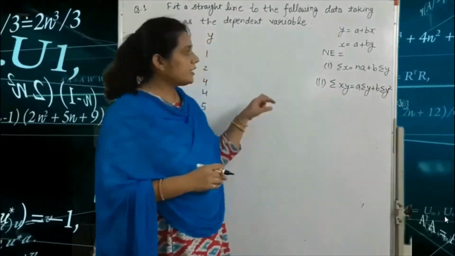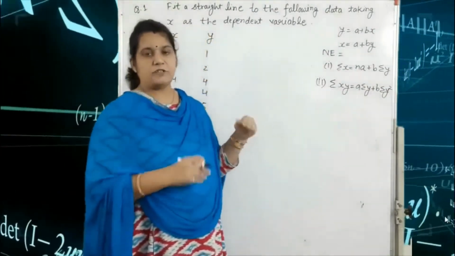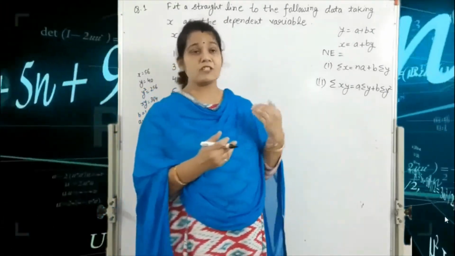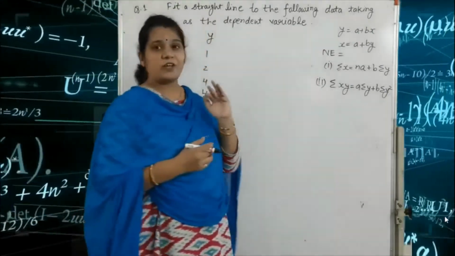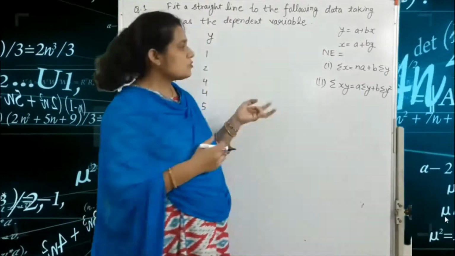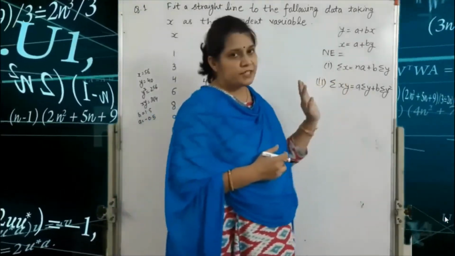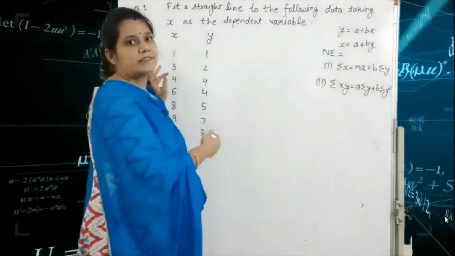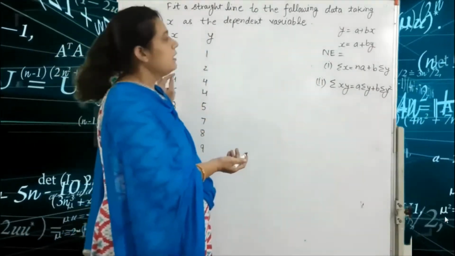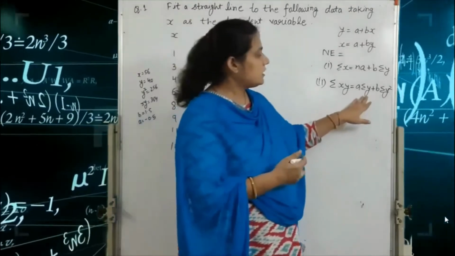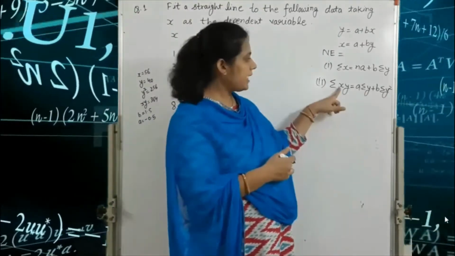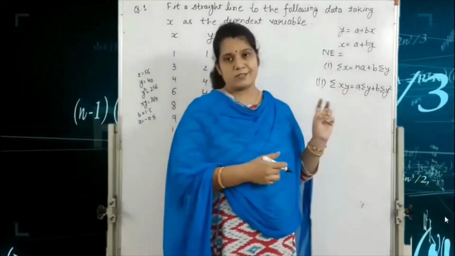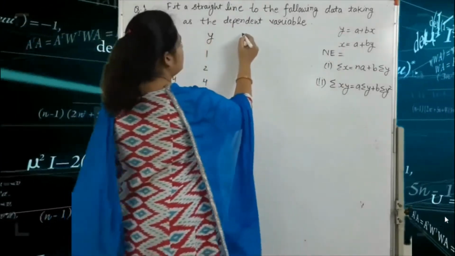According to these two normal equations, we map the table. Because x and y are already given in our question, we have summation x and summation y, the sum of all these values. But according to the normal equation, we also need the x into y and y square columns. So first we write the y square.